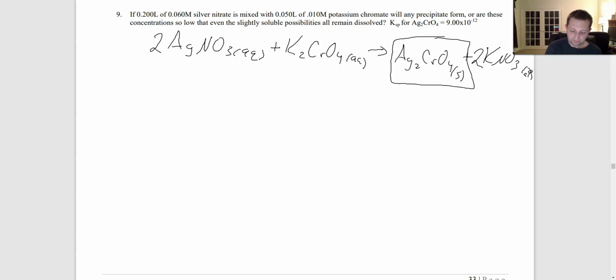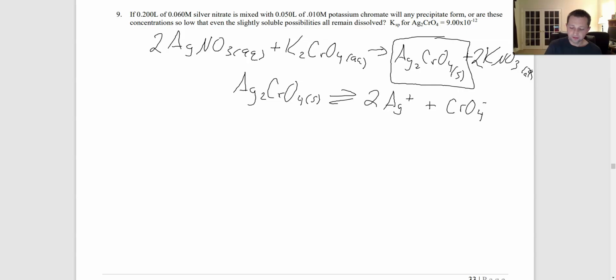All right, so Ag2CrO4 solid produces 2 Ag+ ions and 1 CrO4 2- ion. All right, this is what we're going to focus on right here.